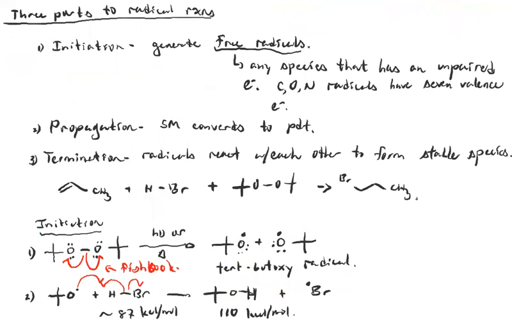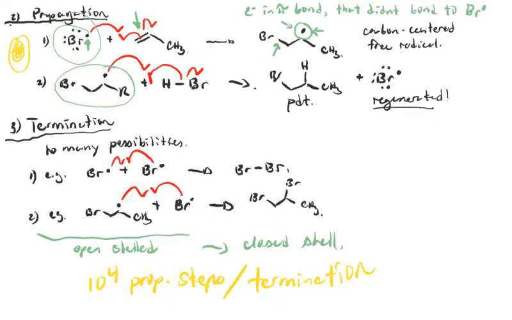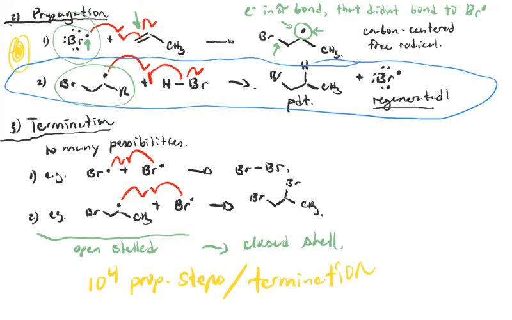So down here at the bottom, the t-butoxy plus HBr. So that's one spot, but then the other spot is, oops, let me go back to there, is here in the second step, right? So when I react the alkyl radical with HBr, I regenerate Br dot.